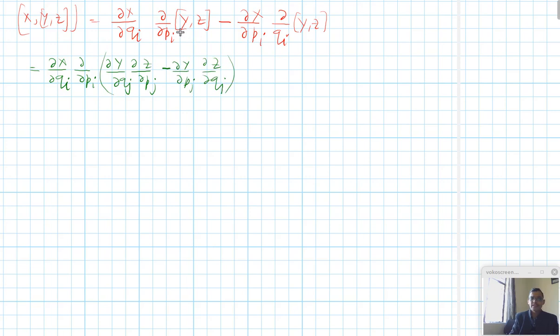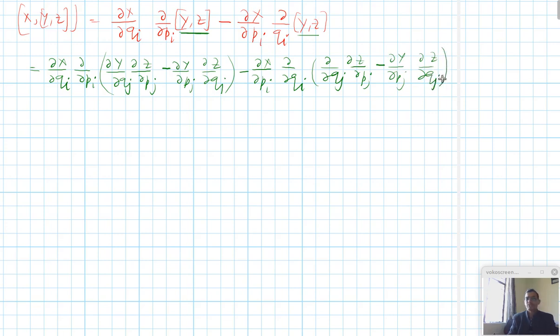This is the expansion of this part which I have written here, and then minus ∂X/∂pi and ∂/∂qi, and then expanding this, it is ∂Y/∂qj and ∂Z/∂pj minus ∂Y/∂pj and ∂Z/∂qj. That's what we have to keep in mind. It's a very important step. And let me expand this now.